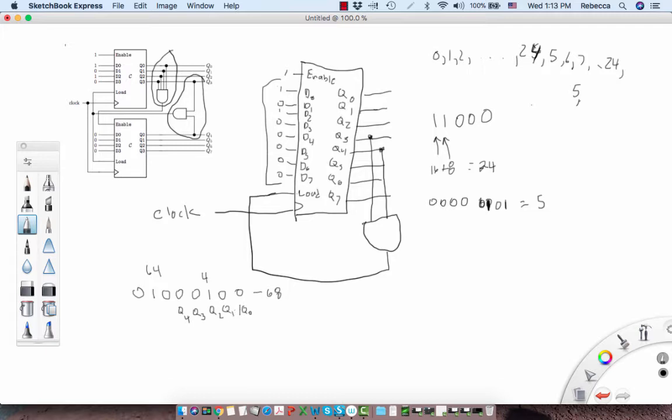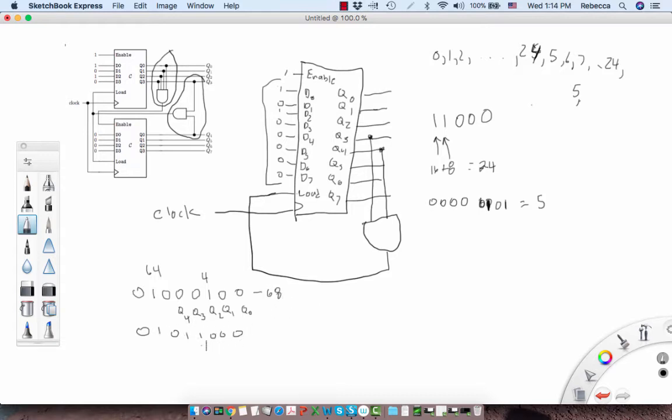So it will continue counting until the next time that Q3 and Q4 equal 1. And the next time it will get to a spot where both Q3 and Q4 are equal to 1 will be at 0, 1, 0, 1, 1, 0, 0, 0. So it would count from 68 to this number.